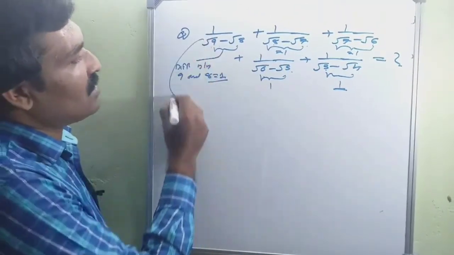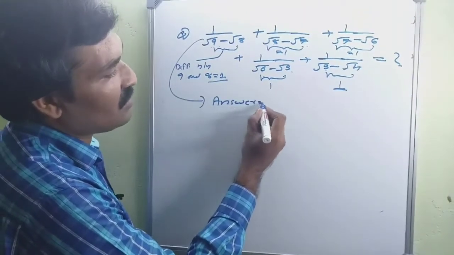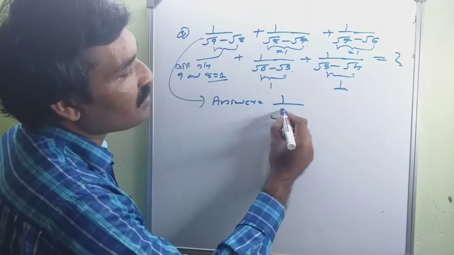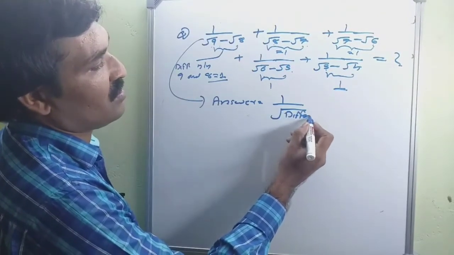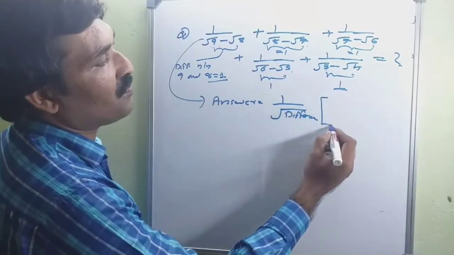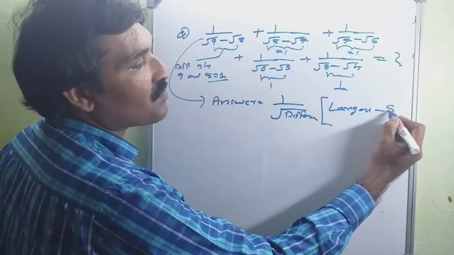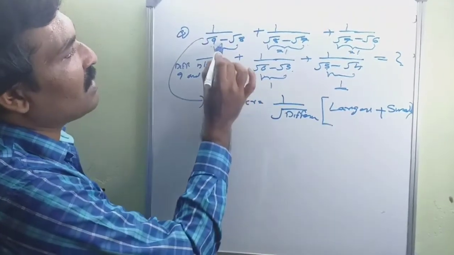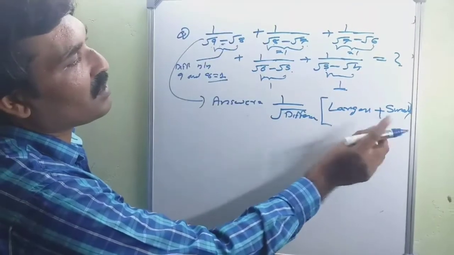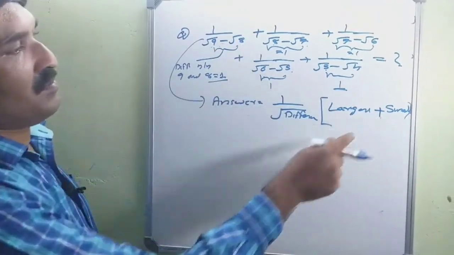Now for this, the answer is equal to 1 by root difference into largest number minus smallest. Largest plus smallest: here it is minus, so we put plus. If it is plus here, then it is minus.